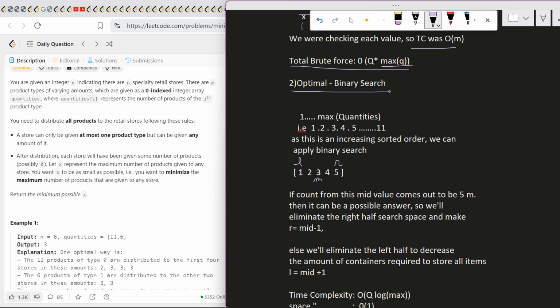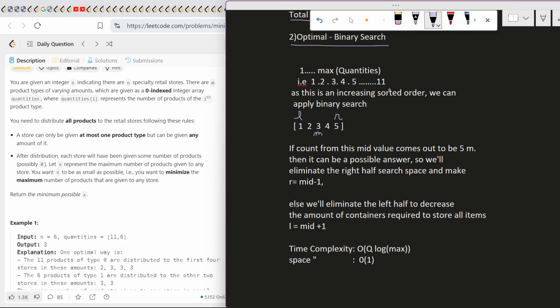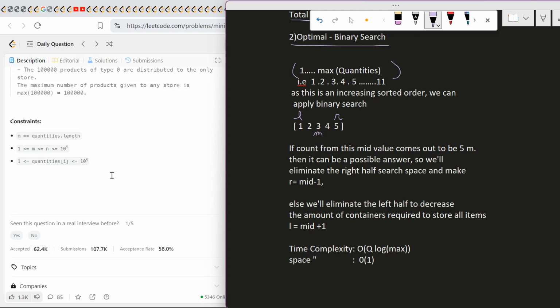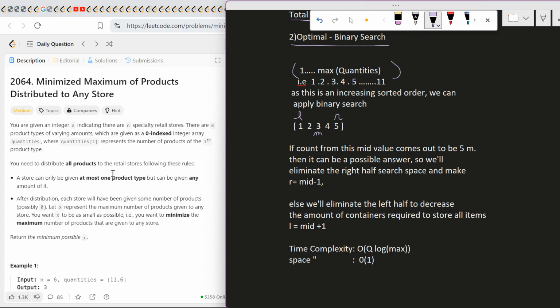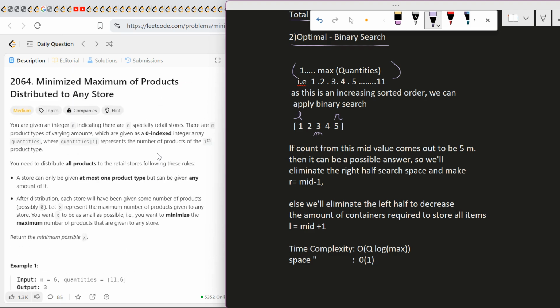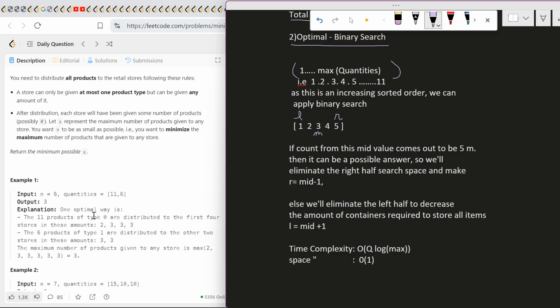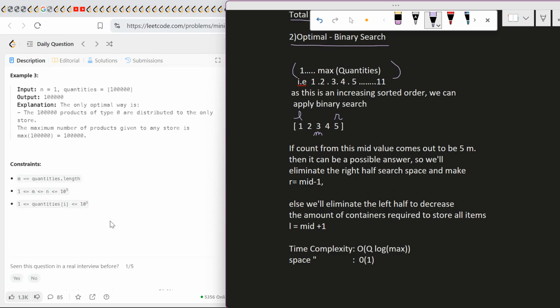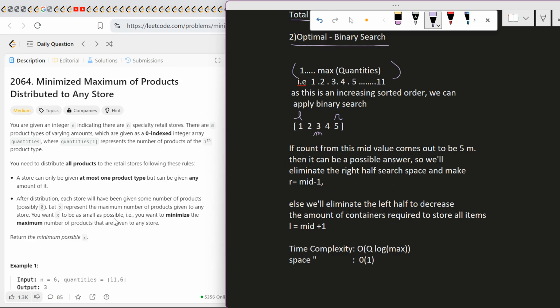Now, optimal approach, which is binary search. We know this is our search space from 1 to max of quantity, and that is in increasing order as it is mentioned here that all these will be integer values inside the quantities array.